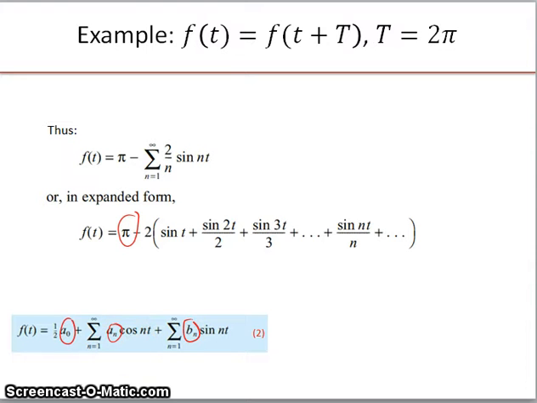Here the value is 0, and here depending on the value of the bn that we have in the previous step. So at the end, this is the final output that we have for a representation of a periodic function using Fourier series expansion. So that's all for this part 1 of the Fourier series.